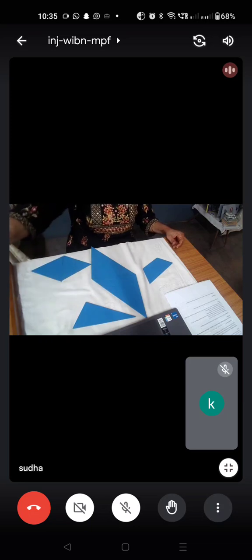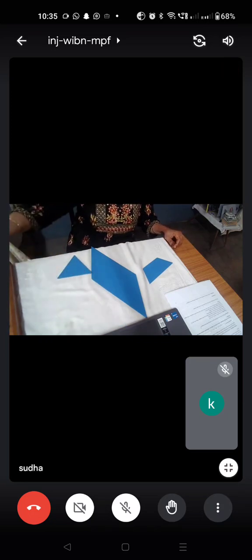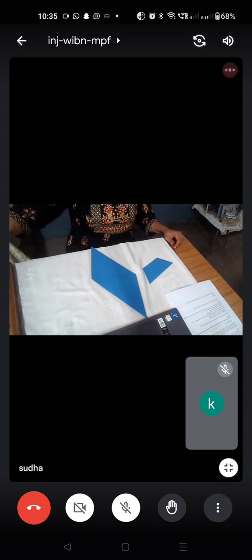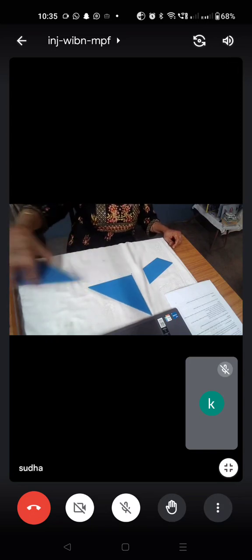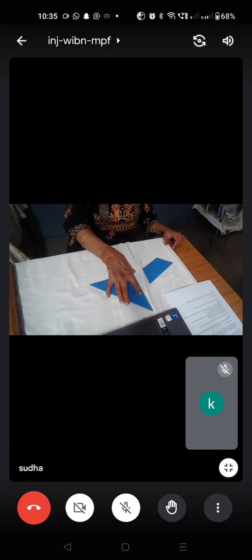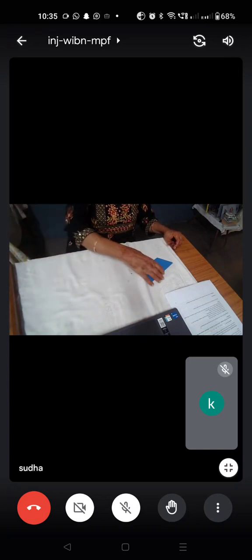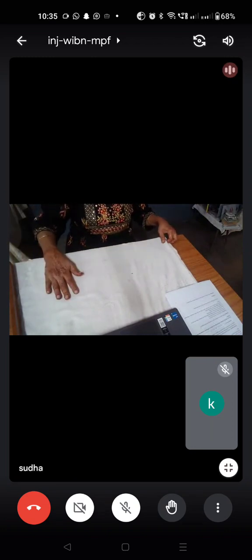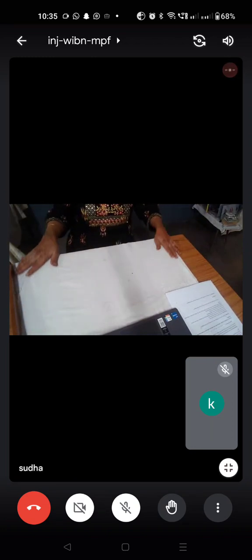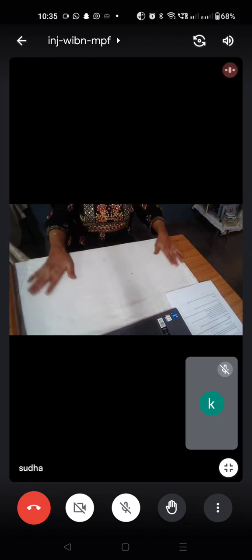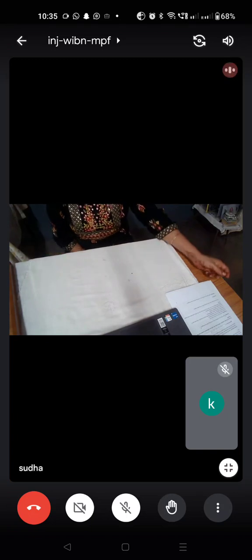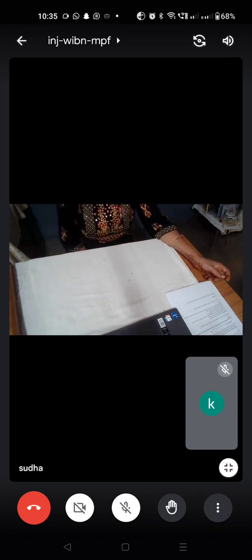Think of offering any exercises with the blue triangles. Anybody to visualize, just imagine if you can offer some exercise. What kind of exercise would you think of offering?